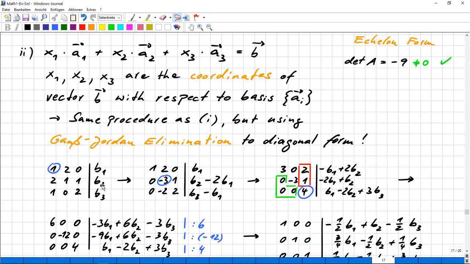So B2 minus 2 times B1, that's it. And then to eliminate here, I have just to subtract the working line, so B3 minus 1 times B1. So B3 minus B1. That's all for the first step. The first column has been eliminated.